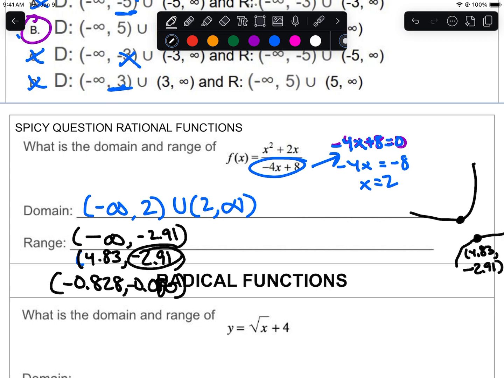I want that negative 2.91 there. This point has negative 0.828, negative 0.086. So we're going to do union, negative 0.086 to infinity. Not the easiest question in the world, but not impossible. You do get a calculator, so you're just kind of looking for your y values that match there, okay?